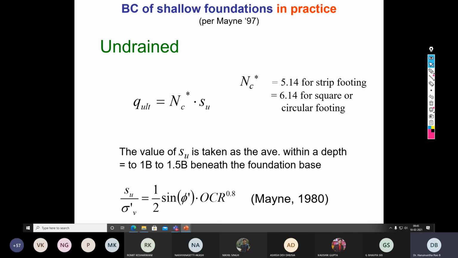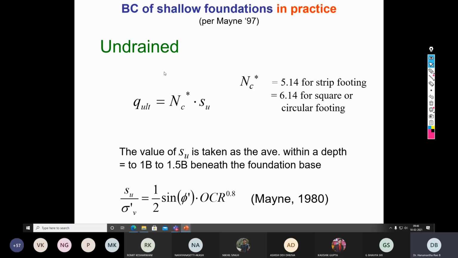Undrained, the water exists in the soil. In that case, the ultimate bearing capacity can be calculated as NC star into SU. So in case of undrained, the value of NC star can be taken as 5.14 for strip footing, 6.14 for square or circular footing.